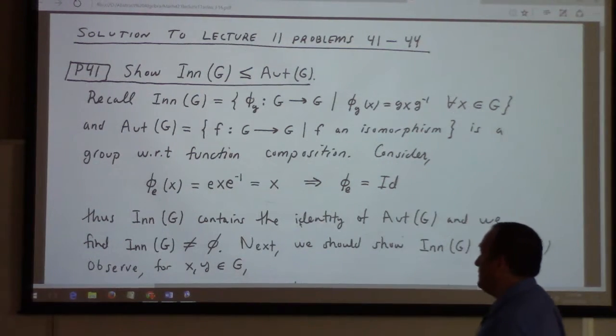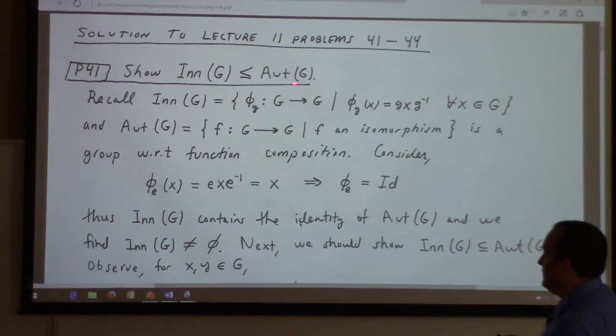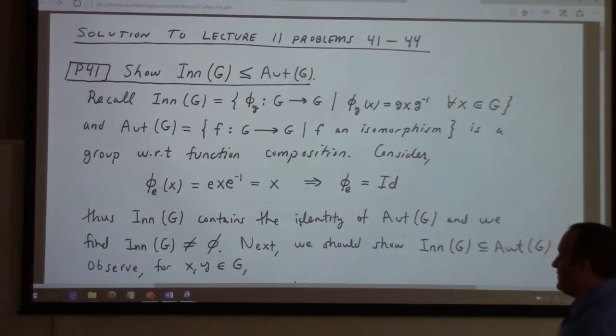So it's more than just being a one-to-one map. These things are also operation preserving with respect to the multiplication of G. That's a lot more structure. Anyway, the inner automorphisms are those which are conjugation maps.